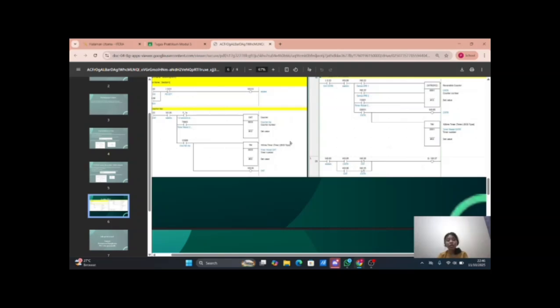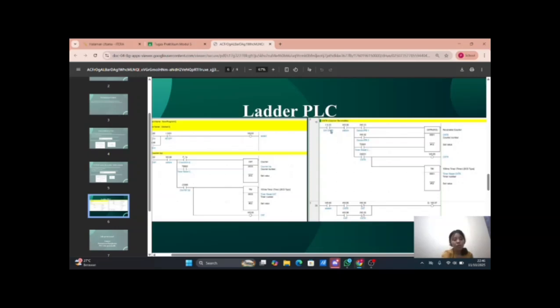Using the PLC trainer, students or technicians can visually observe how the counter works in real time, providing a better understanding of industrial counting systems used in automation processes. That's the explanation of the circuit. I will show a video of the practical result.